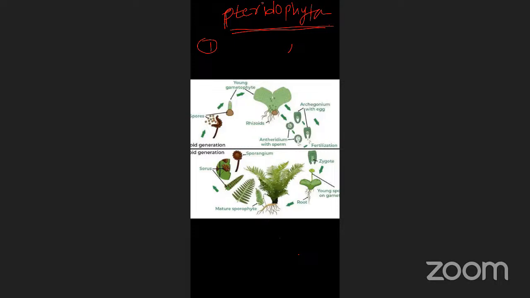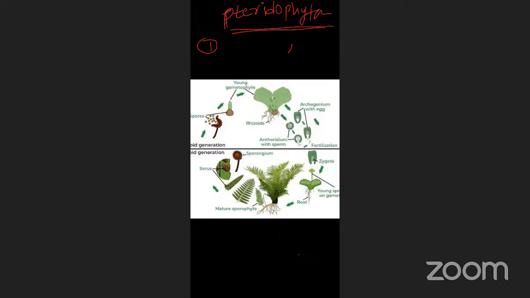Autotrophic is common, embryophytic is common, but the new one here is vascular tissue. So these are the first vascular plants, that's why they are called tracheophytic plants. Later, these are sporophytic plants and spore producing plants.